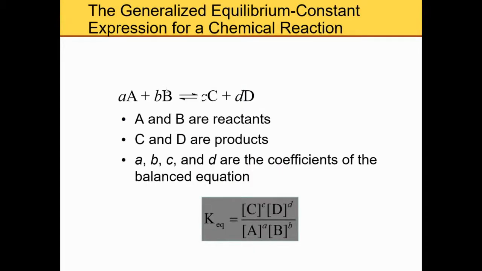So now if we have the equation aA plus bB to cC plus dD, where A and B are the reactants and C and D are products, the K equilibrium will be equal to the product of the products over the product of the reactants: [C] to the power of c multiplied by [D] to the power of d, over [A] to the power of a multiplied by [B] to the power of b.